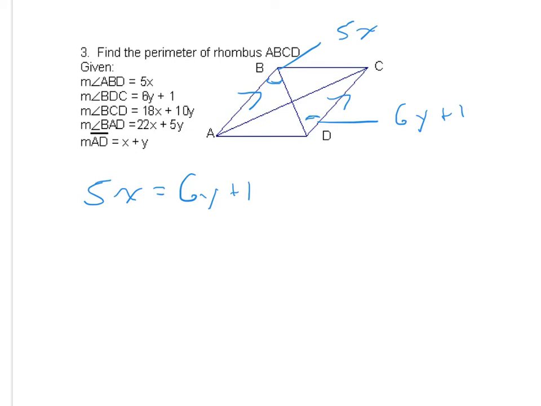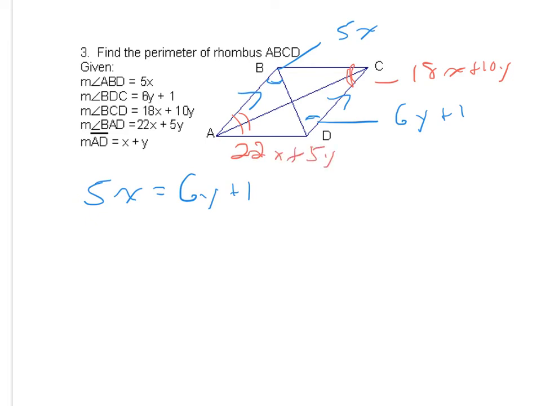In red here, now I know the measure of angle BCD, that's this angle right here. That's equal to 18x plus 10y. I also now know that the measure of angle BAD is 22x plus 5y.